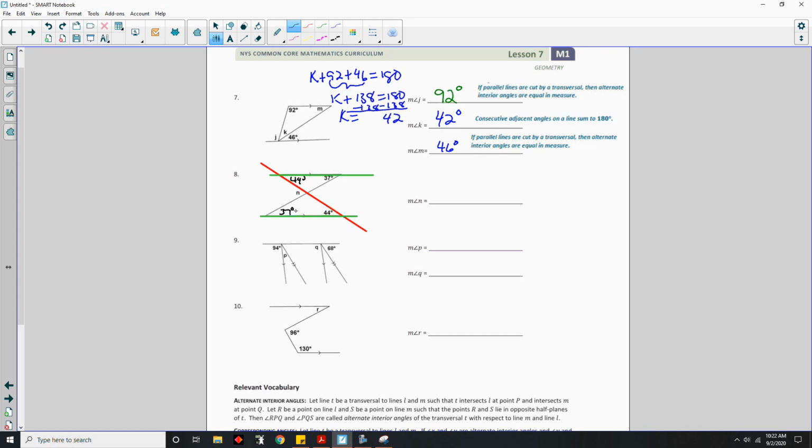So if we take 44 plus 37 and subtract it from 180, we get this angle, and then do its linear pair. So I'll do that. 37 degrees plus 44 degrees plus n, no, not n, just call it x, equals 180 degrees.